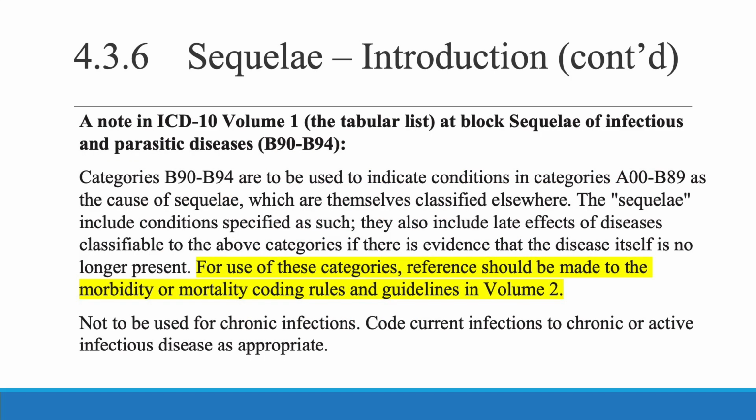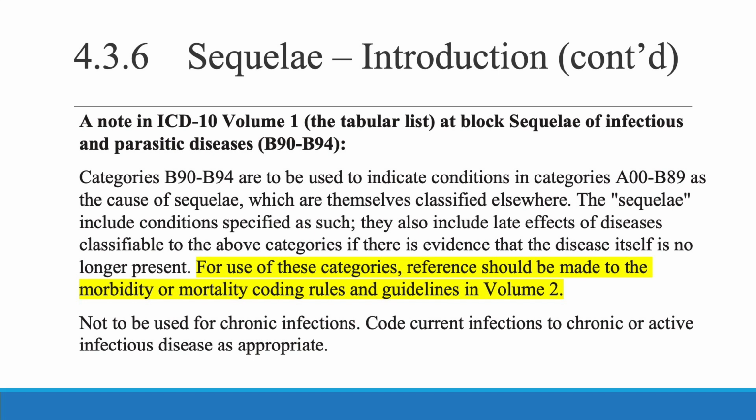As mentioned, some guidelines for the interpretation and use of sequela codes are given in ICD-10 Volume 1, the tabular list. For example, on this slide is some information about the use of the codes in the block B90 to B94, sequela of infectious and parasitic diseases. Let's read together. Categories B90 to B94 are to be used to indicate conditions in categories A00 to B89 as the cause of sequela, which are themselves classified elsewhere.